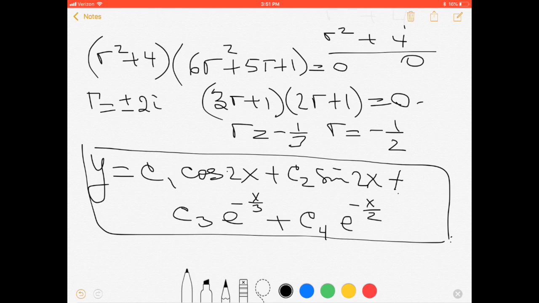Now we try solving a non-homogeneous equation. I give you two examples.